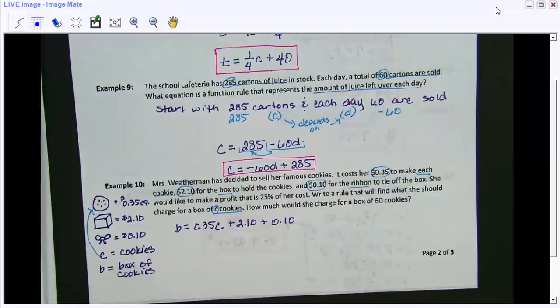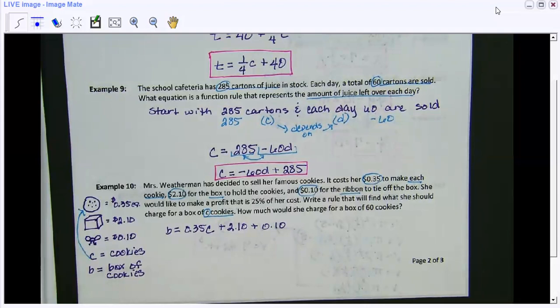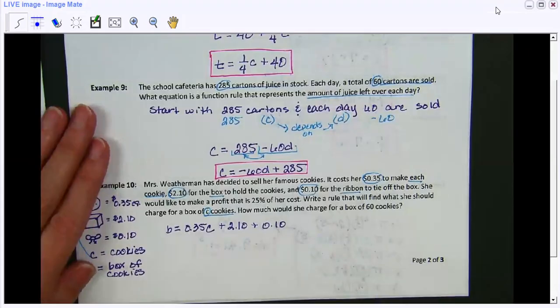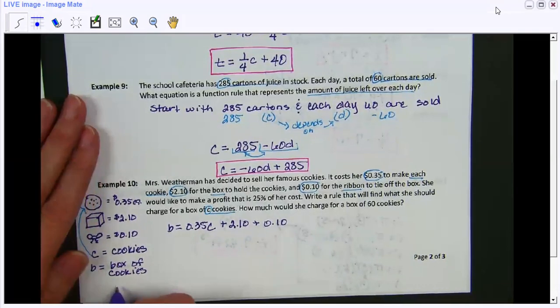But what happens if she wants to replenish what she spent, but also make an extra 25%? And there's different ways that we can do this. So if she wants to make all of this back, that's 100% of her cost plus an additional 25%. Really what she wants to make is 125%. So she wants to charge 125%. And so let me show you what that means.